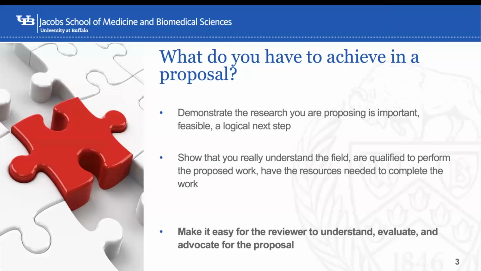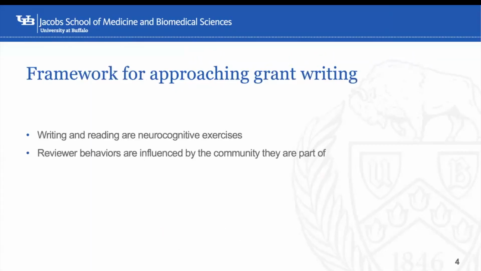That's just as critical as demonstrating that your research is the coolest thing in the world and that you're the right person to do it. You can have that and not explain it well, and then not go very far. So making it easy for the reviewer to understand is fairly critical.